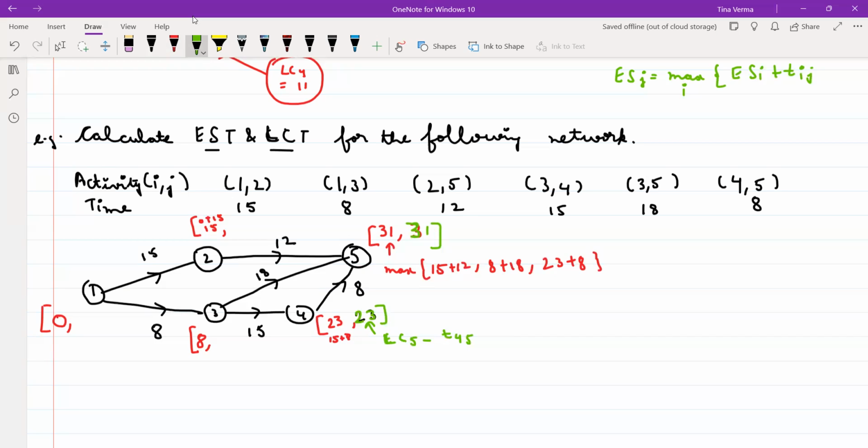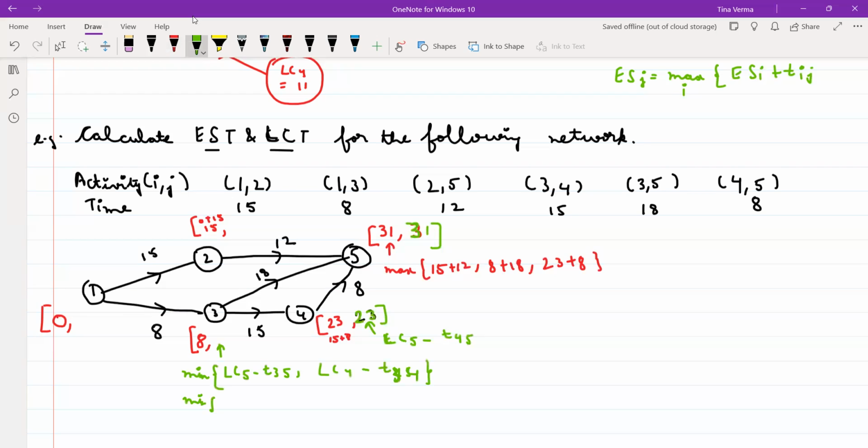Next, the third activity is coming from the fifth and fourth. That means I have to calculate the minimum of LC5 minus T35, and LC4 minus T34. Is it clear? So what will this be?